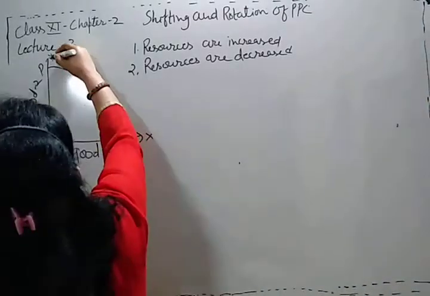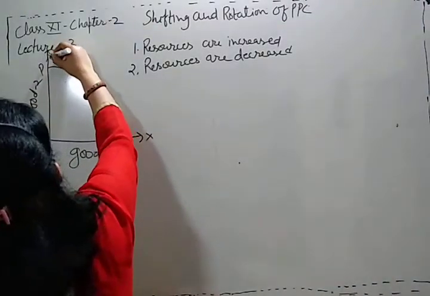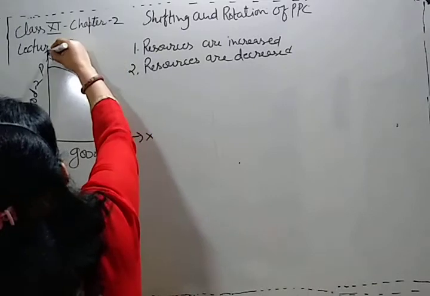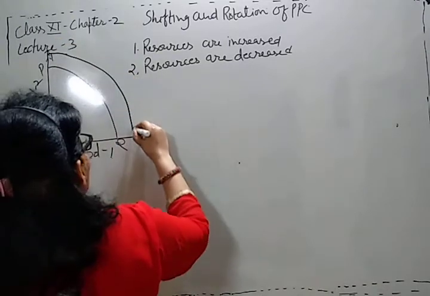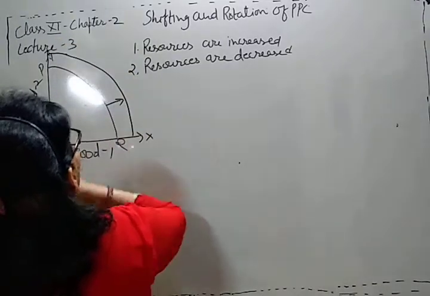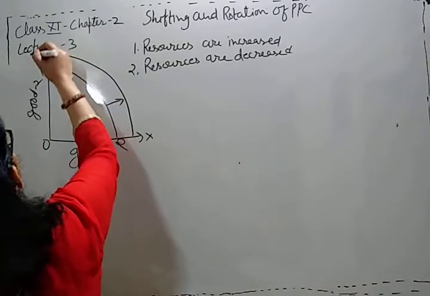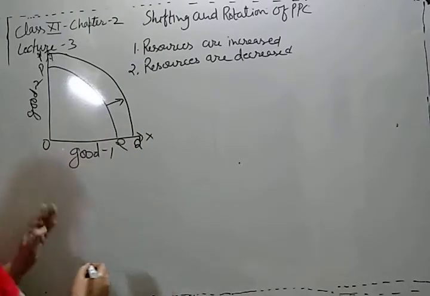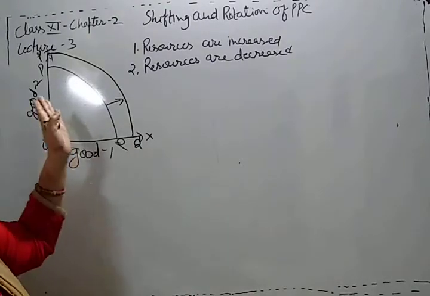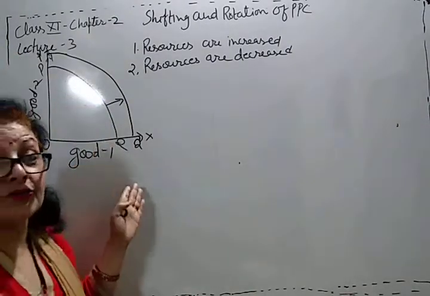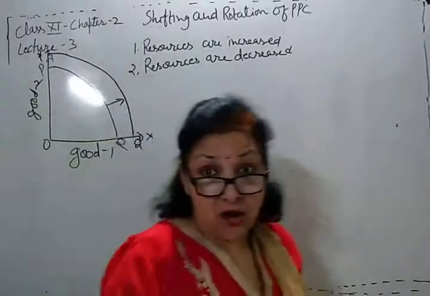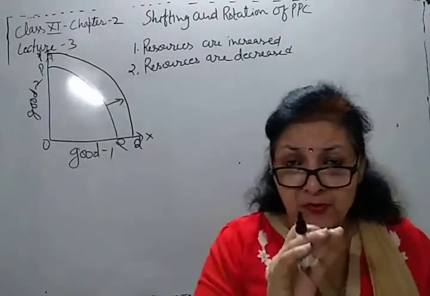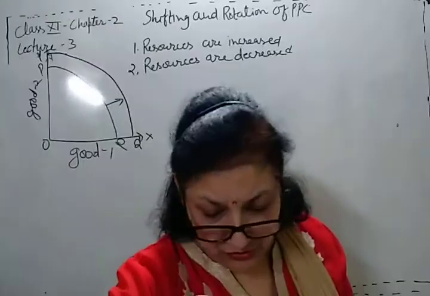So PPC shifts from left to right. PPC shifts now from P to P1 and Q to Q1, and we gain a new PPC, that is P1Q1. Now we can increase production of both goods.